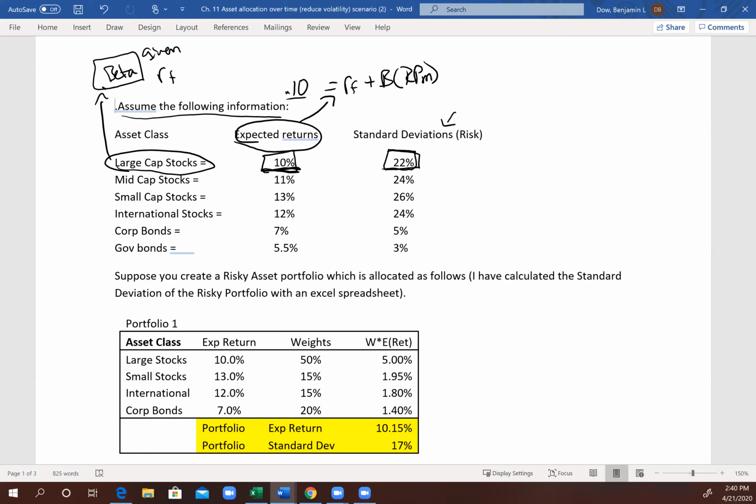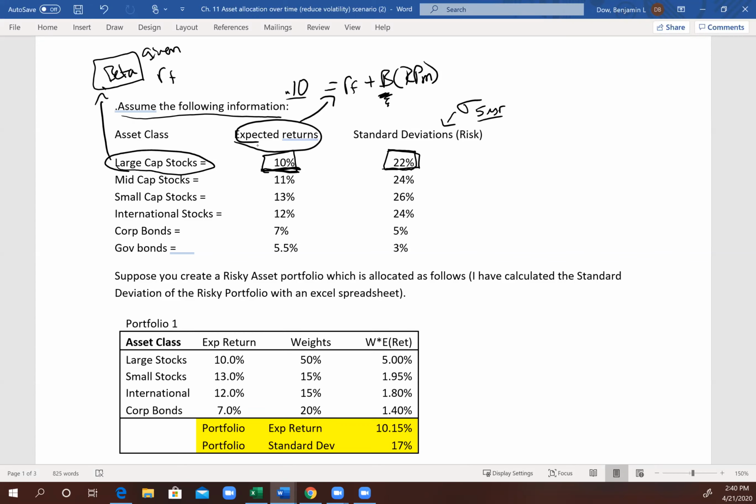And if we have a second, I may look for that. But all this information can be found, not the expected returns. No one will give you an expected return, but they will give you the beta, which you can use to calculate it. And they'll also give you the standard deviation, probably over a 3-year or 5-year average. A lot of people use 5-year.